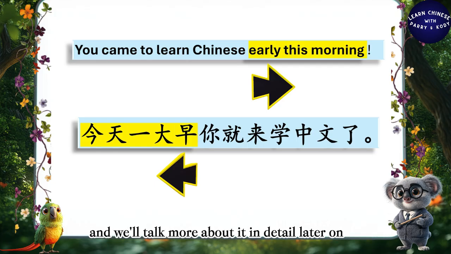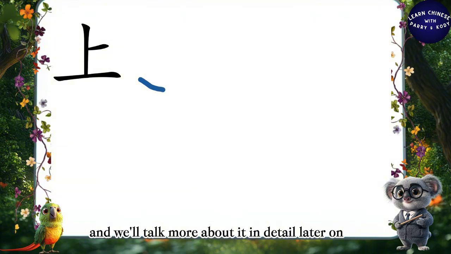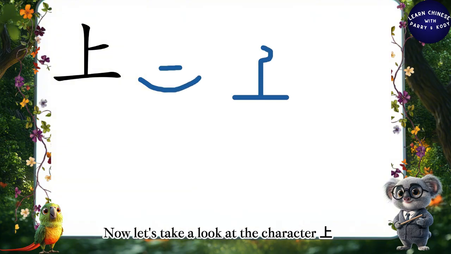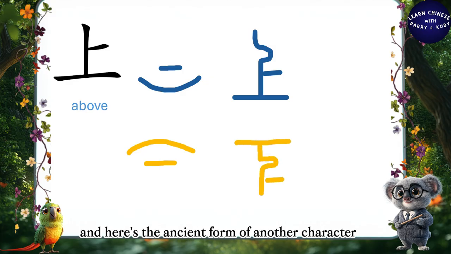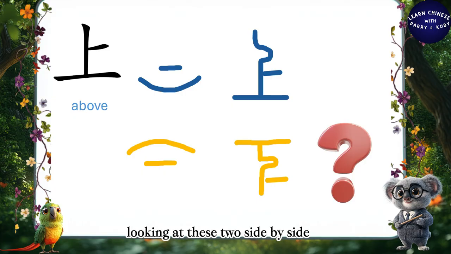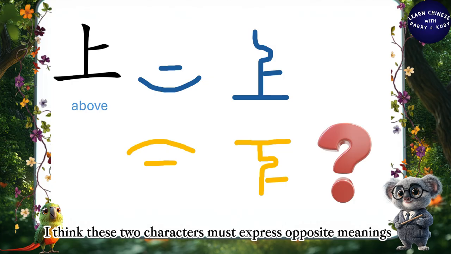Now, let's take a look at the character 上. Here is its ancient form, and here's the ancient form of another character. Looking at these two side by side, what comes to your mind? I think these two characters must express opposite meanings.